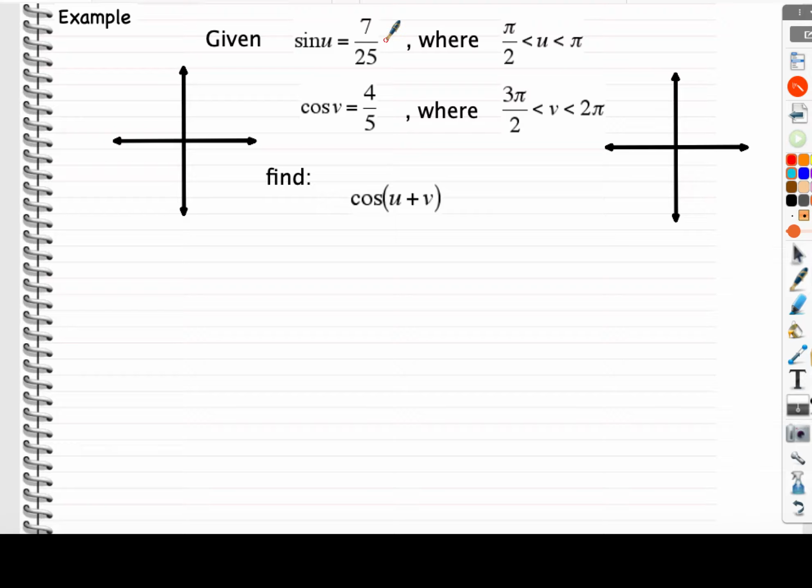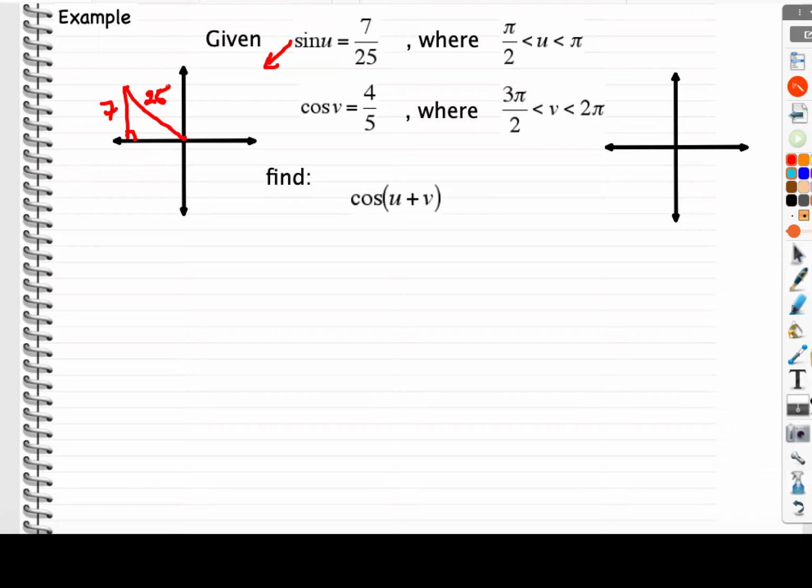Over here at the left, I'm going to draw a nice triangle out into quadrant 2 where the sine would be positive. And I know that opposite over hypotenuse is going to be 7/25. Now, that means we're probably going to need the third side of this triangle.